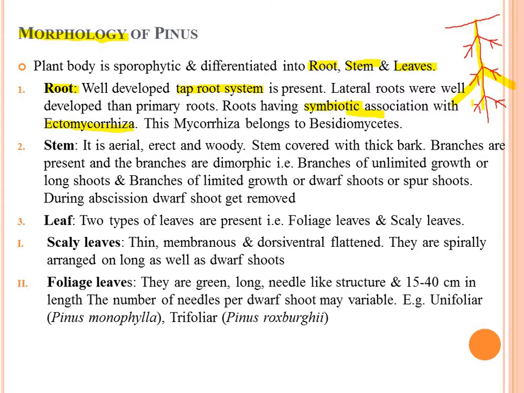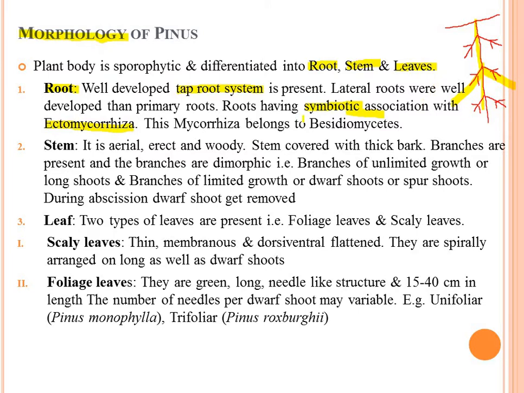Here these roots are associated with ectomycorrhiza. Mycorrhiza is a fungus, and if it is present on the outer surface of roots, it is known as ectomycorrhiza. If present inside the cortical cells, it is known as endomycorrhiza.